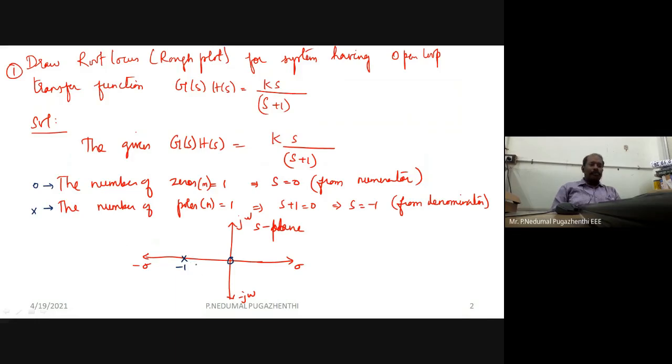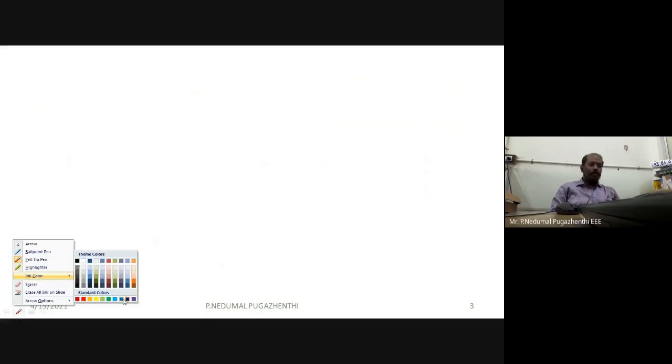And if you go for a test point, let me go to the next slide. In the S plane, we have j omega and sigma, minus sigma, and minus j omega.